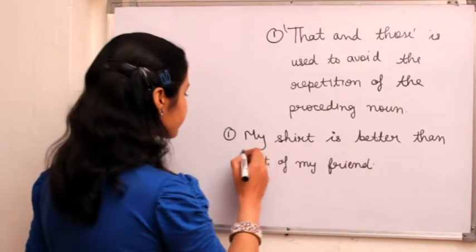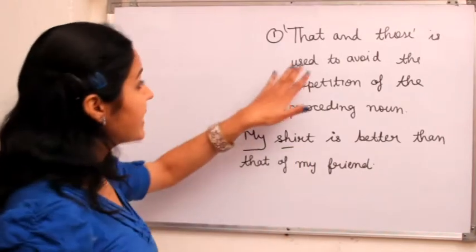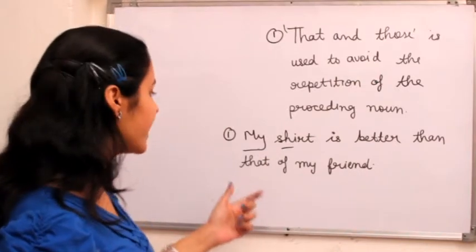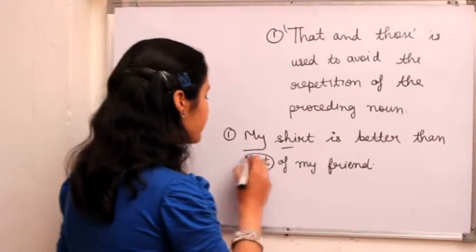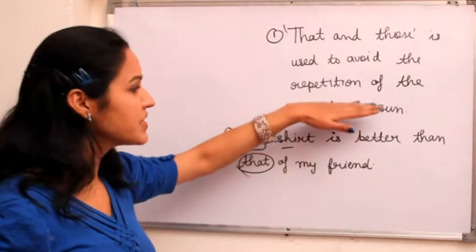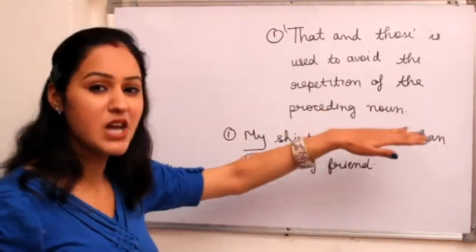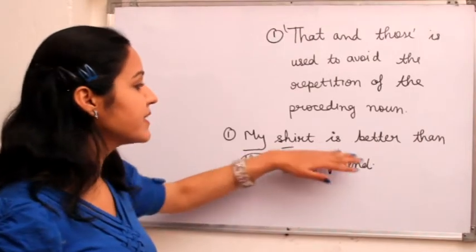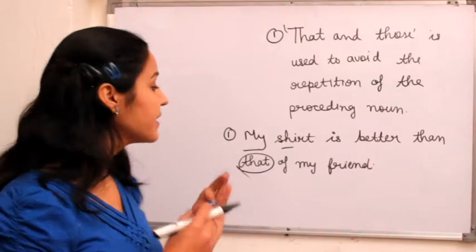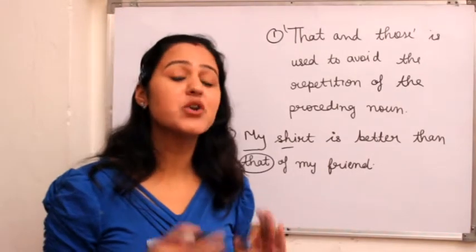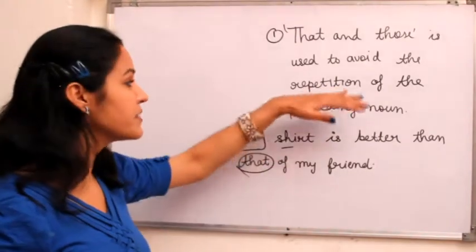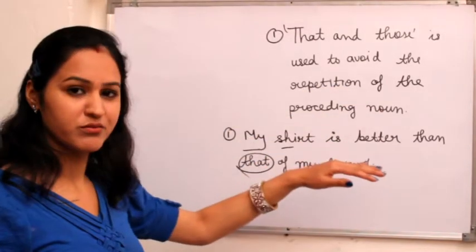So that and those is used to avoid, why do I use that here? It is used to avoid the repetition of the preceding noun. I utilize that here only to avoid the repetition of the noun.